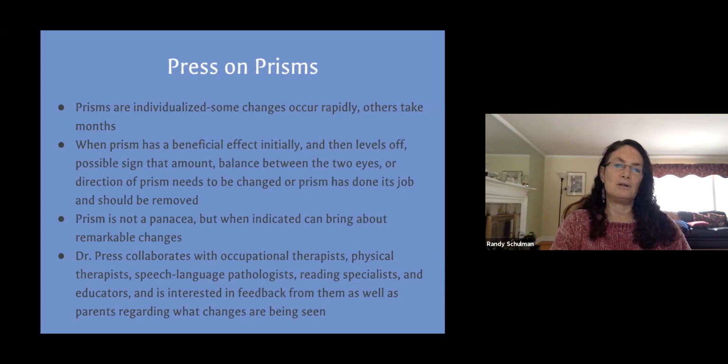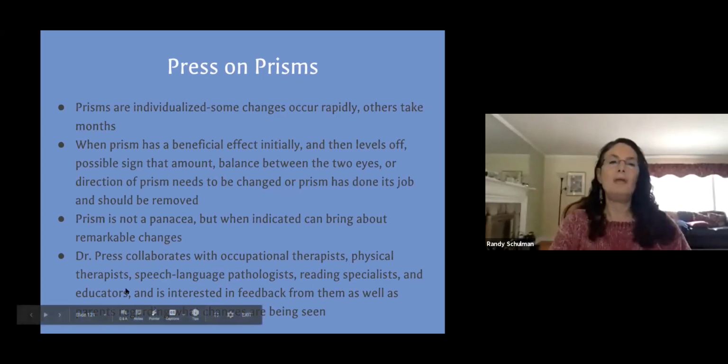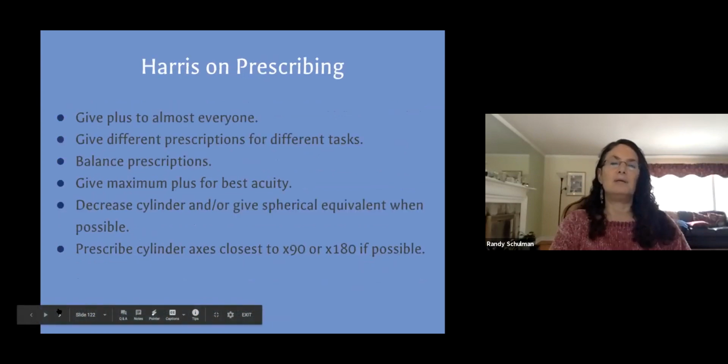And then you can start bringing it off, or reducing the prescription, or telling them not to use them as much. So you want to really pay attention to what's the maximum beneficial effect that we can get. It's not a panacea, but prisms can really have a big impact.